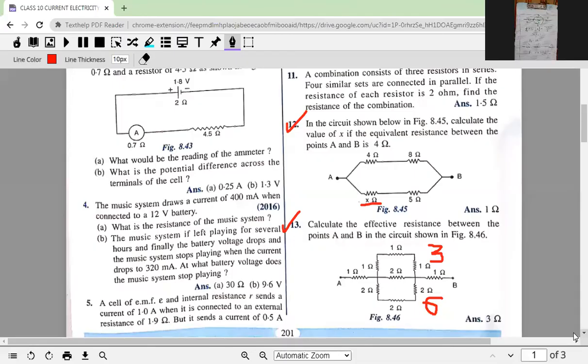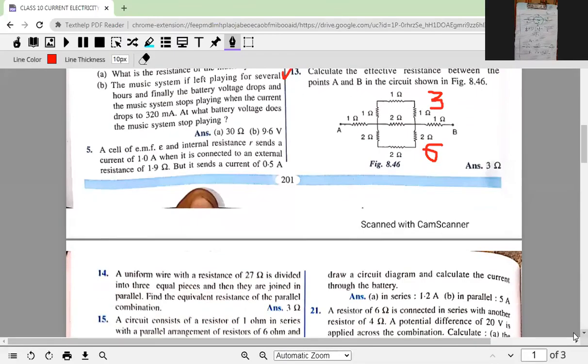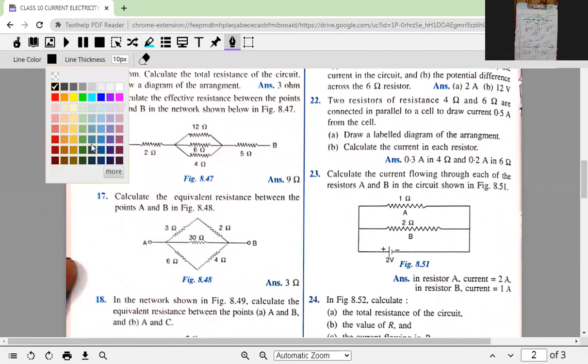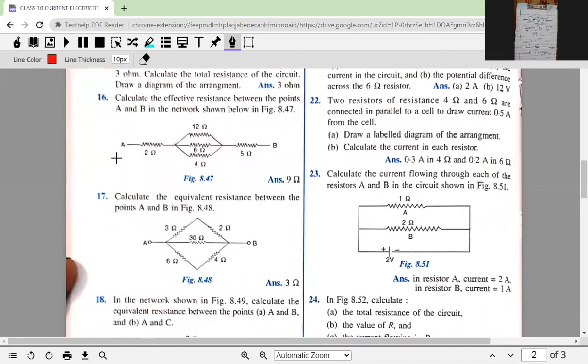Now you see one more question, question number 16. Though it is also very simple. Here 12, 6 and 4 are connected in parallel.